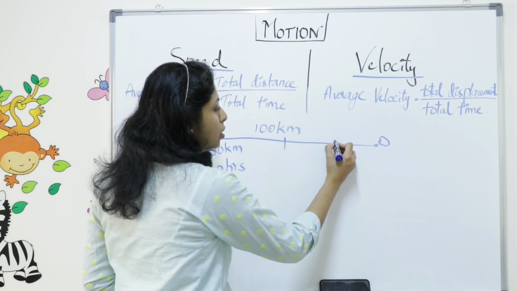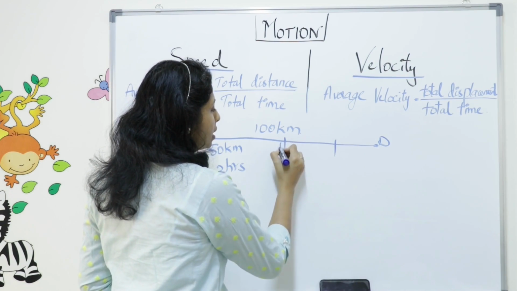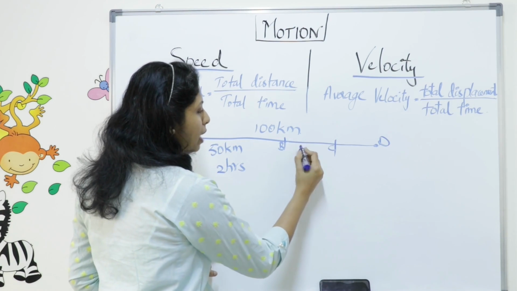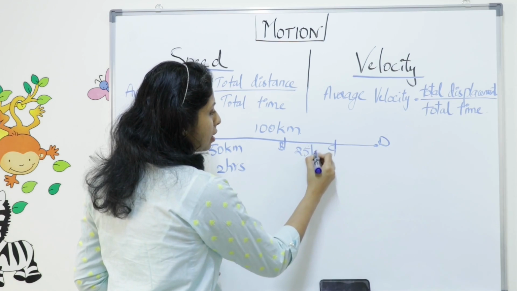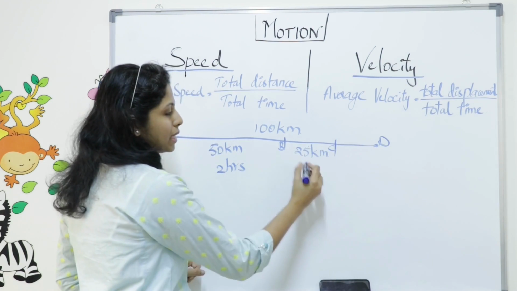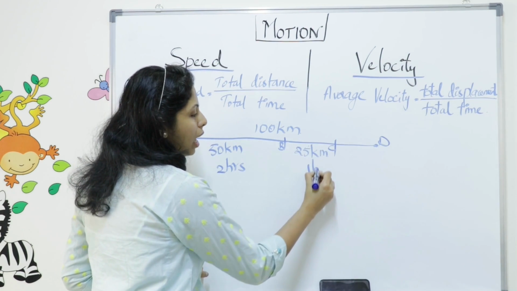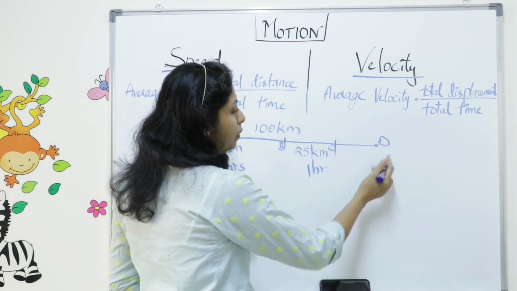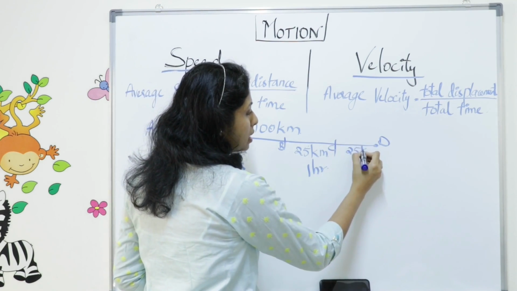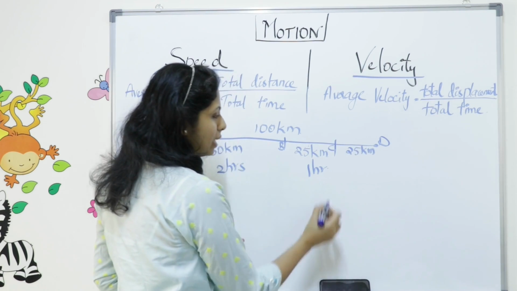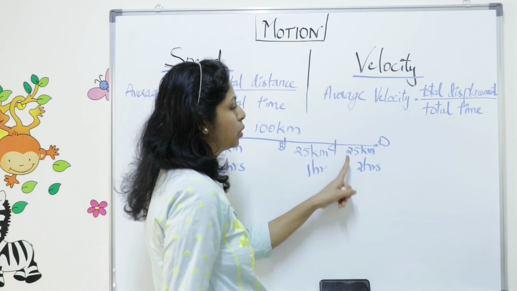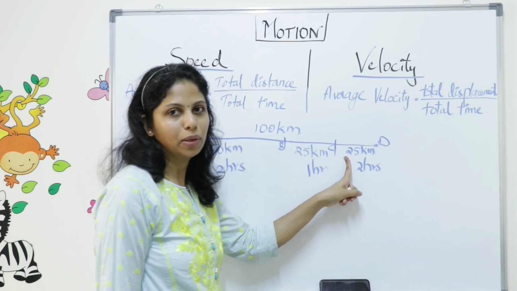For the next 25 kilometers, let us take this as B and this as C, the object has taken 1 hour to travel 25. And for a further 25 kilometers, let us consider the object has taken 2 hours to cover this 25 kilometers.